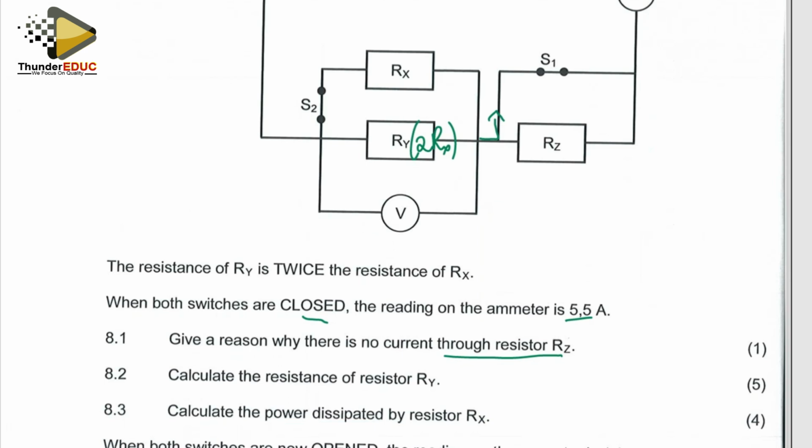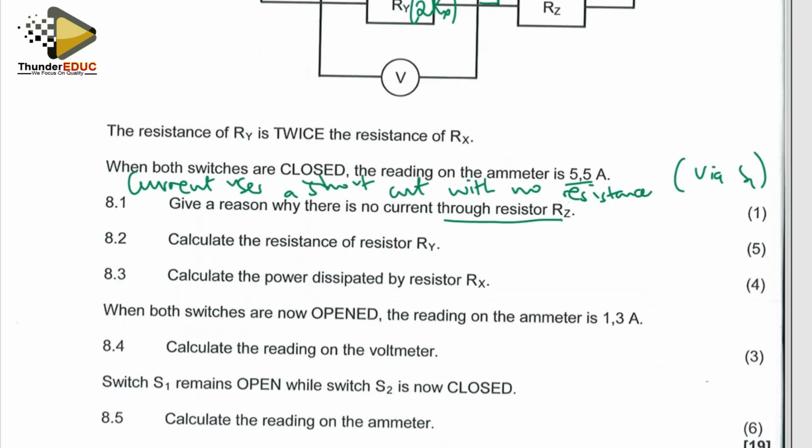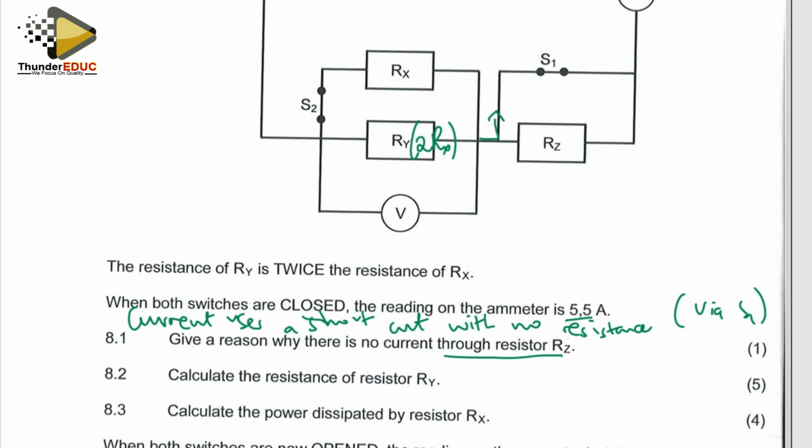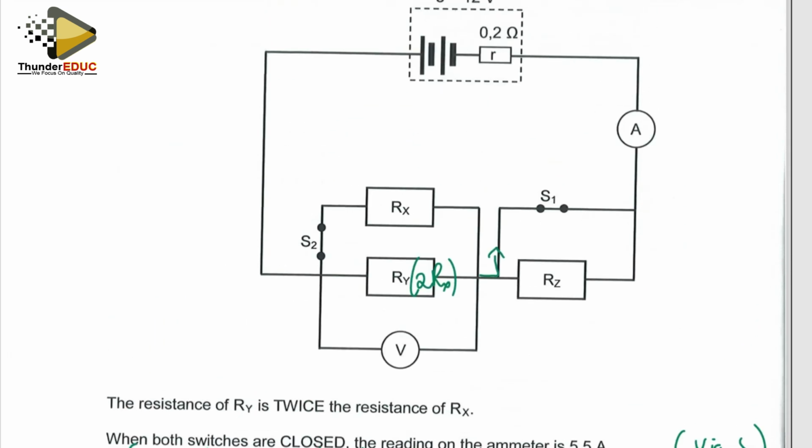So the reason is that current uses a shortcut via S1 with no resistance.